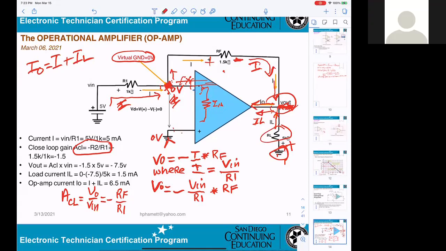So when the current comes out of the loop, does no current go into RL? Is that correct? Exactly. For this case, they will be a sink current. That means the op-amp pulls the current into it.